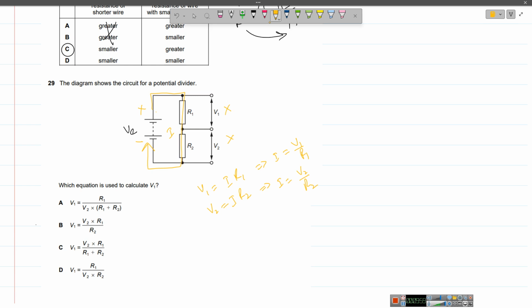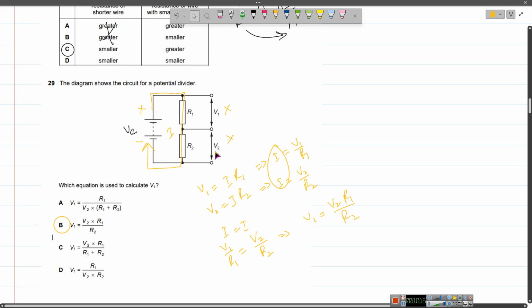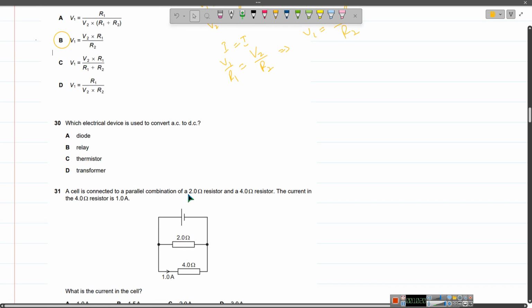So if I want to calculate V1, I can equate these two together. So V1 over R1 is equal to V2 over R2. That means V1 is going to be V2 R1 over R2, right? And that is this option B over here. Remember, it's a series circuit, so there is only a single current. So current is the same for both of them.